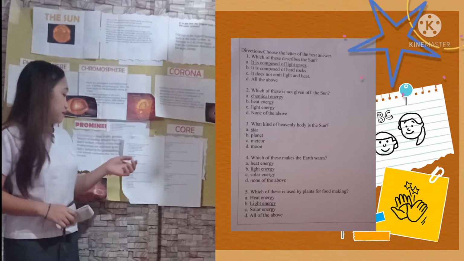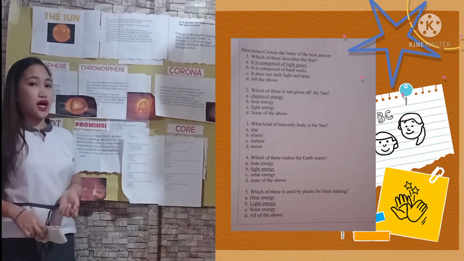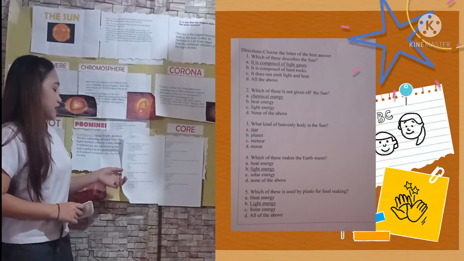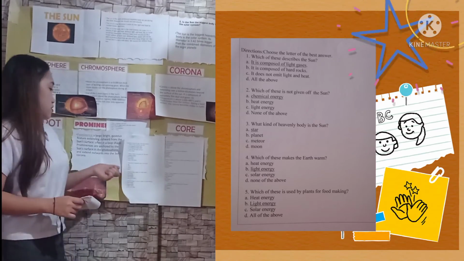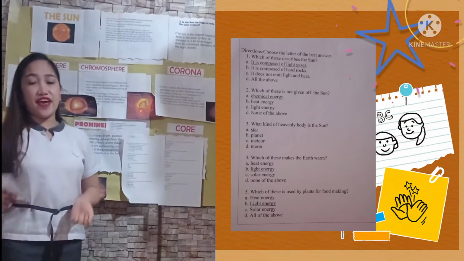What kind of heavenly body is the sun? Letter A, star. Letter B, planet. Letter C, meteor. And letter D, moon. Answer is letter A.